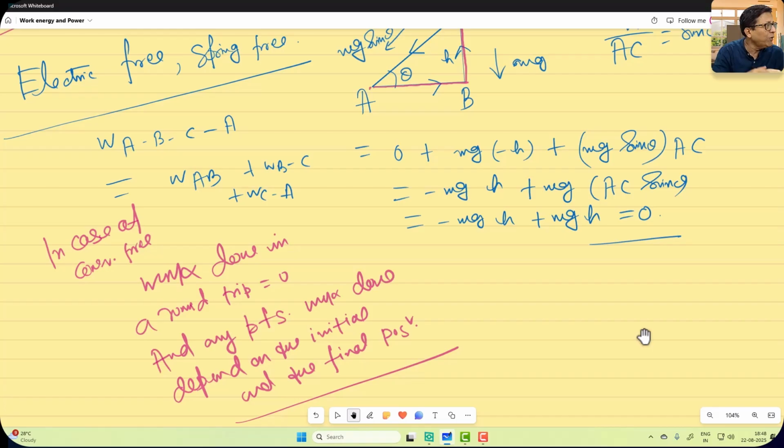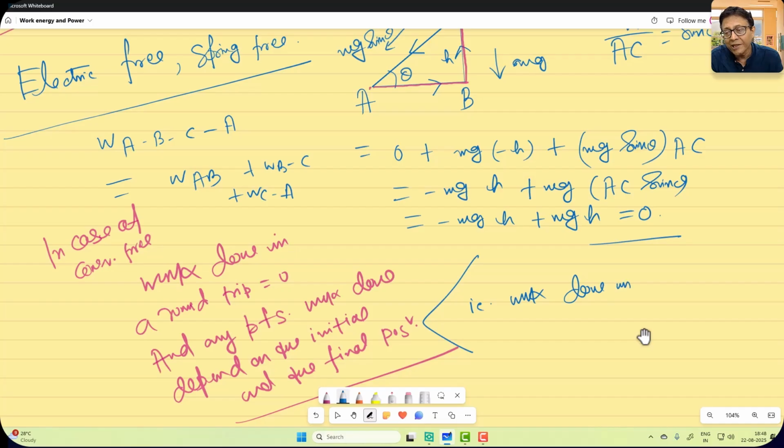Work done depends on initial and final position, and the most important thing is that work done is path independent. In future you will find it for electric force also. Work done between any two points depends on the position vectors of those 2 points, not on the path.